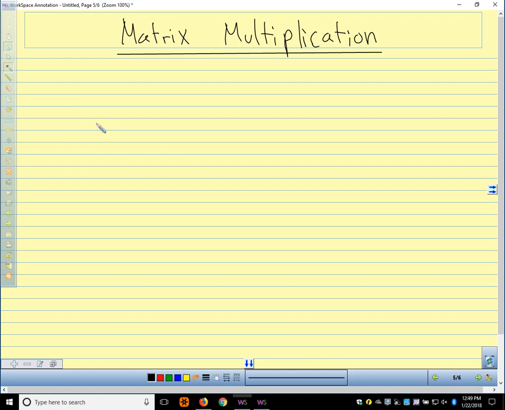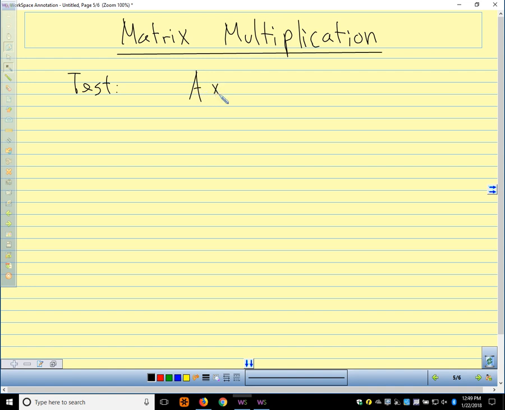All right, so our matrix multiplication. To test if it's even possible, the way we're defining matrix multiplication is only possible in certain circumstances.